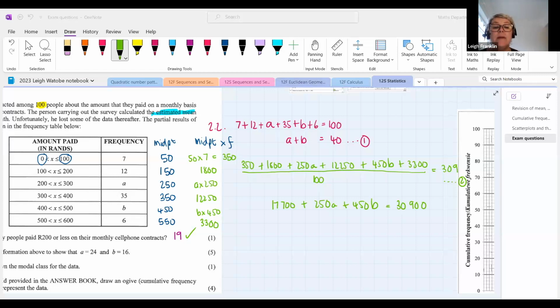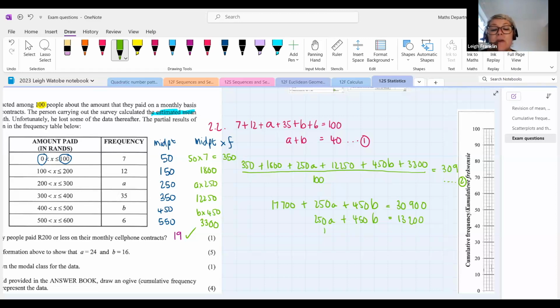Then I'm going to take my 17,700 over to the other side. So that leaves me with 250A plus 450B is equal to 30,900 minus the 17,700, and I am left with 13,200. What I could do is divide through by 10.